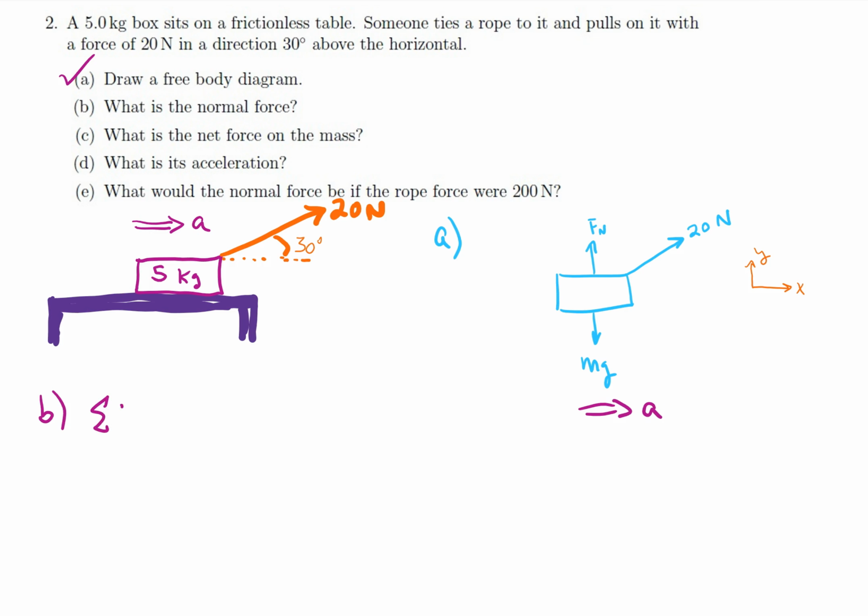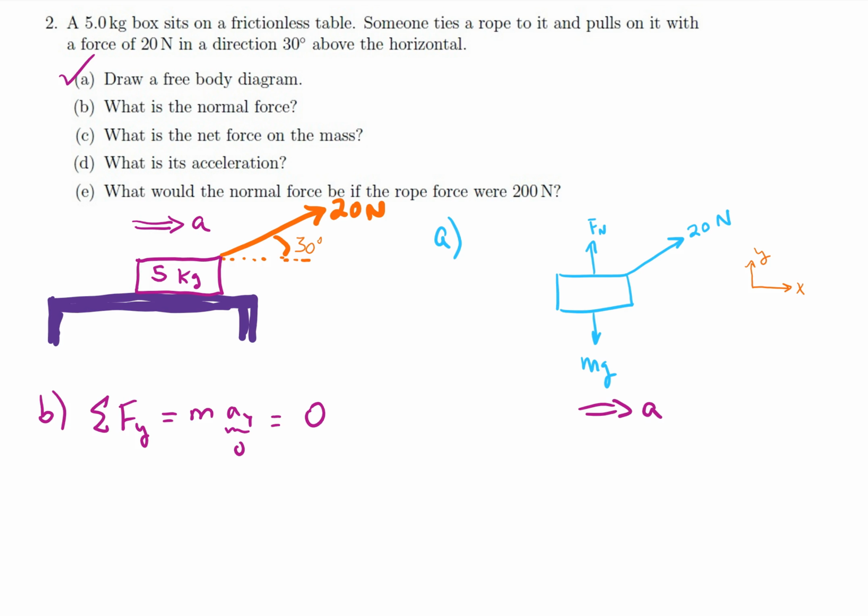So we can say that the sum of the forces in the y direction has to equal m a_y, but a_y is equal to 0. And so the sum of the y components of the forces must equal 0.